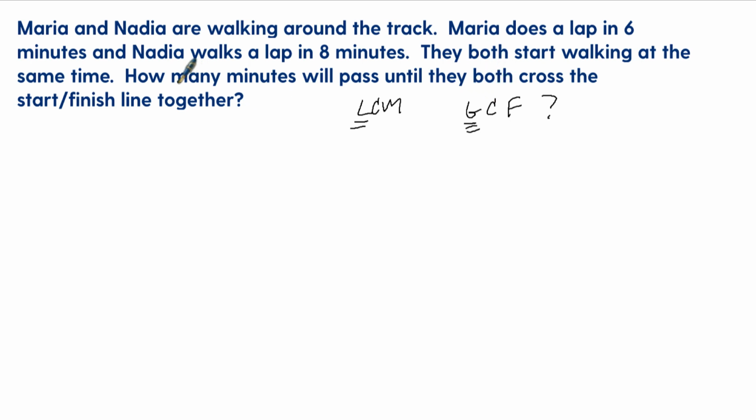It's not really clear in this problem, and there isn't one exact word, but if you read this sentence again, how many minutes will pass until they cross the start-finish line together? What's implied is how many minutes will pass until they cross it together again? If that were the greatest number, I don't even know how you would ask it. So really what we want is the next time or again, and that's going to be the least common multiple.